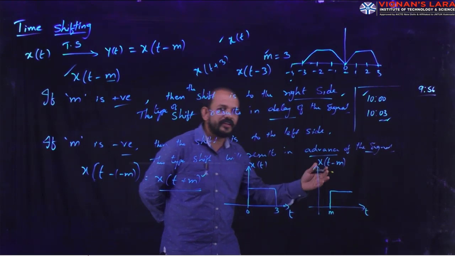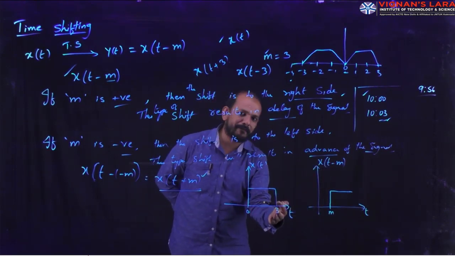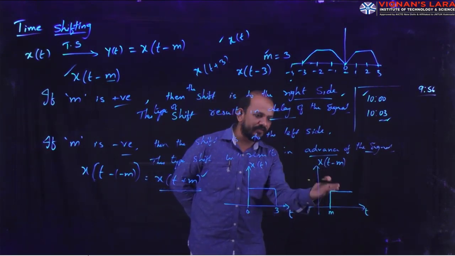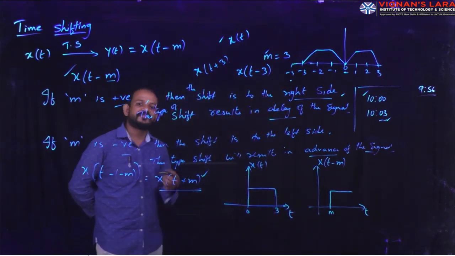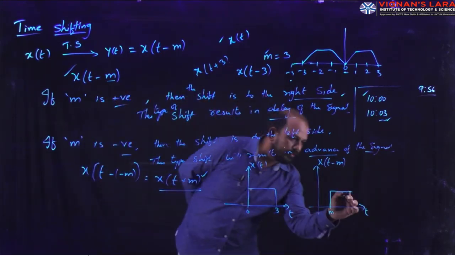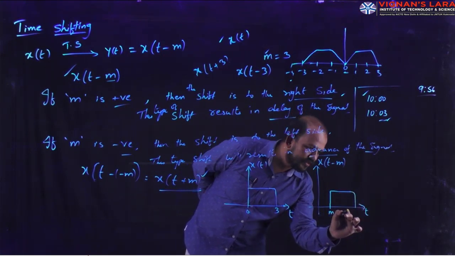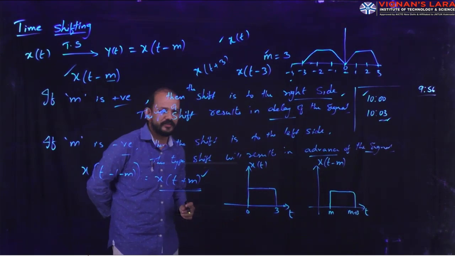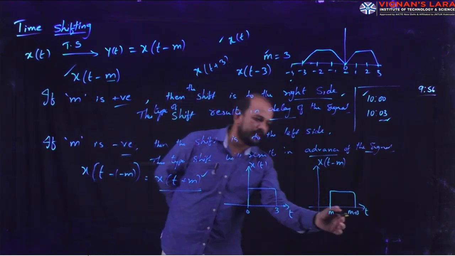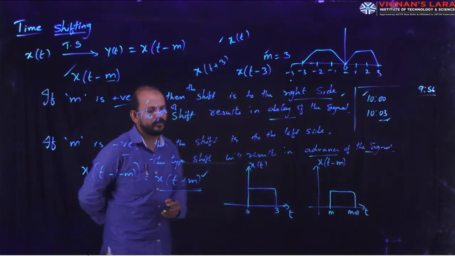Then where it has to end? So 3 plus m, or simply m plus 3. So it has to stop at m plus 3. You can write anyway, m plus 3 or 3 plus m, both are same.